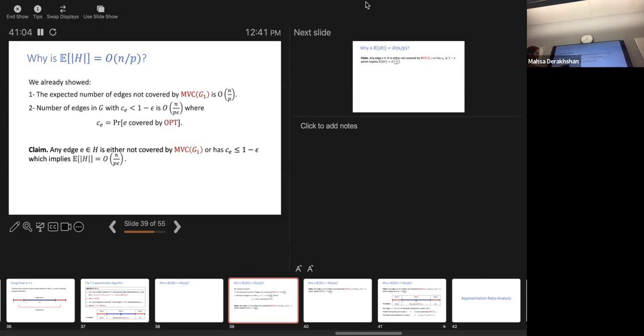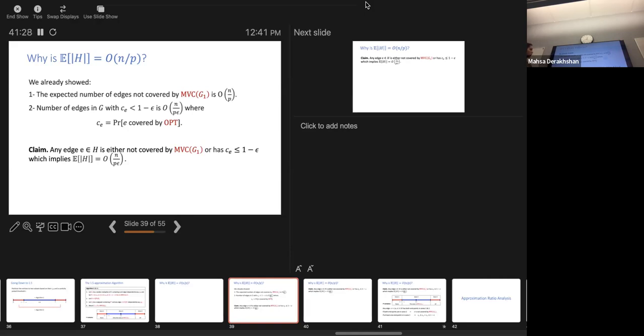Right? And here I'm defining CE, which is the probability that an edge is covered by opt. Again, opt is just a subset of vertices, and an edge in G being covered by that or not means whether it has an endpoint in that subset. Okay.